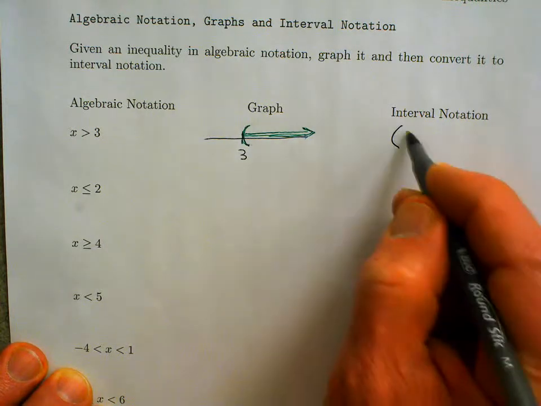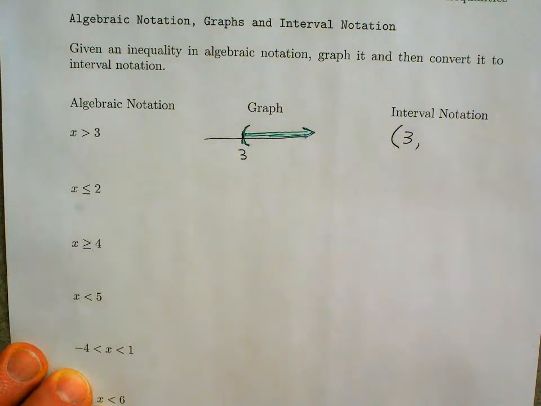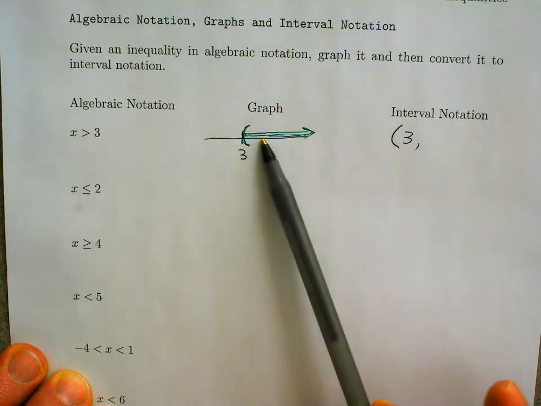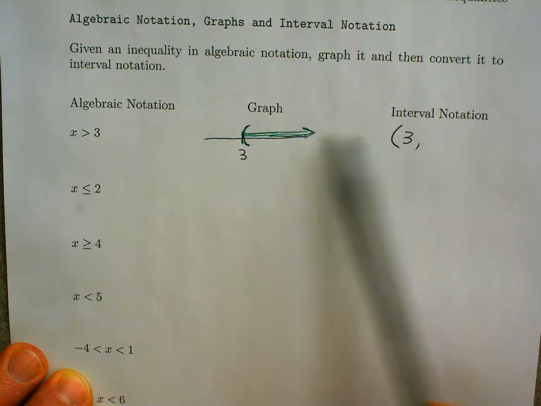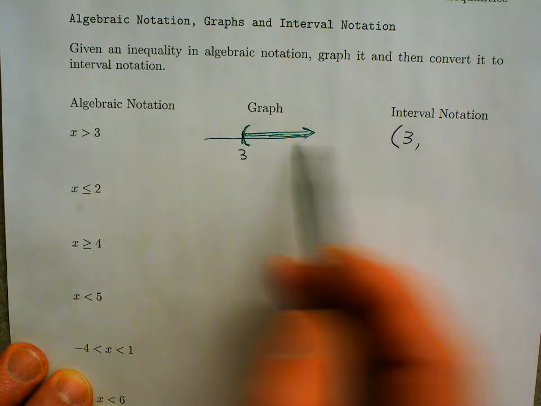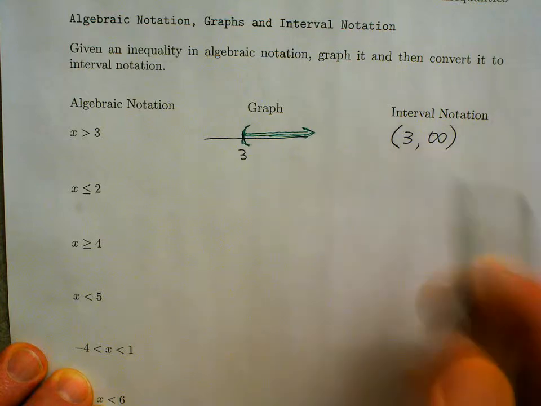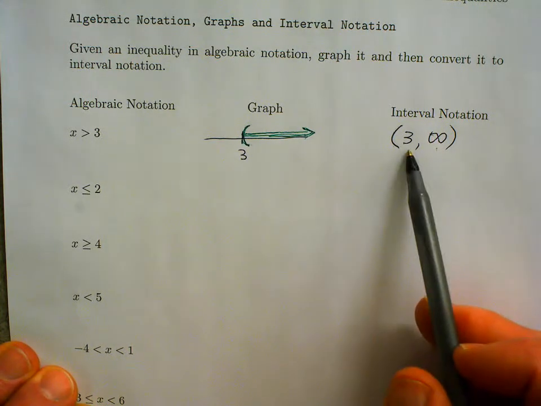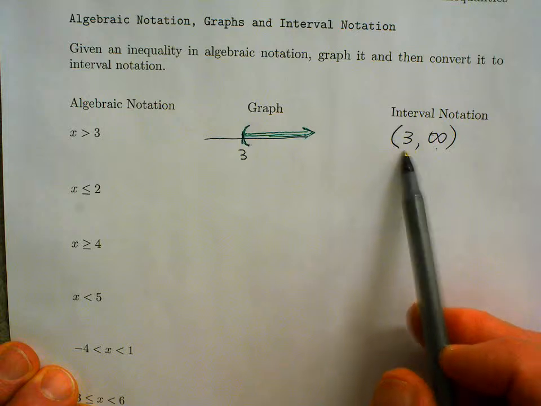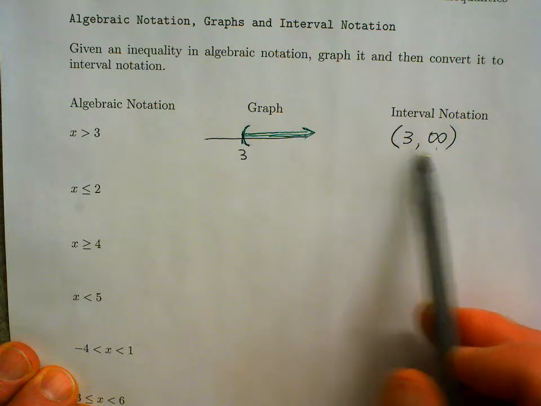Then we write the number 3 followed by a comma. And on the number line, if you keep going to the right forever, you're headed towards positive infinity. So we use the infinity symbol. So this is the interval notation for all numbers that are greater than 3.